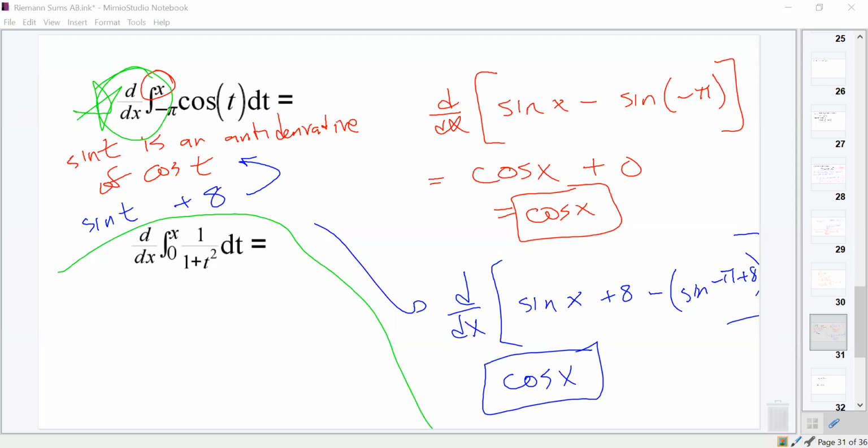Yeah, Claire, we're basically showing that they are inverses of each other when the lower limit is a constant and the upper limit is a variable. That's the whole purpose of what we're doing at the moment.